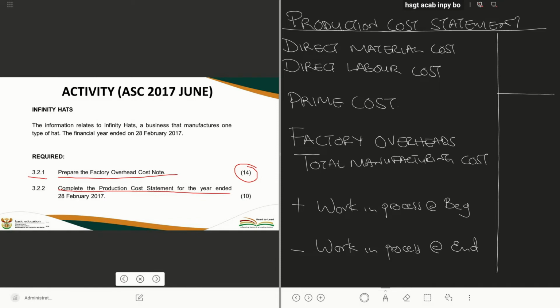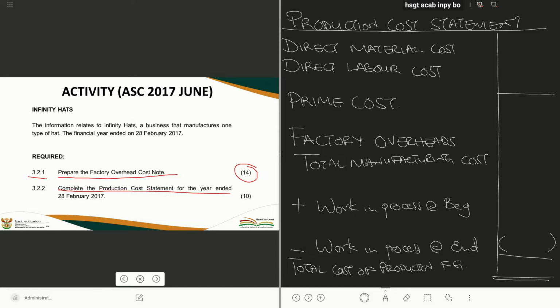Okay, and your work in process at the end, remember, it must always be in brackets. And once you have done this, what did I teach you? It will give you what we call total cost of production of what now? Production of what we call finished goods. All right. So you need to know this. It will help you a great deal.